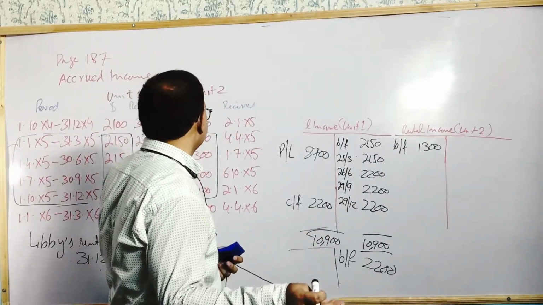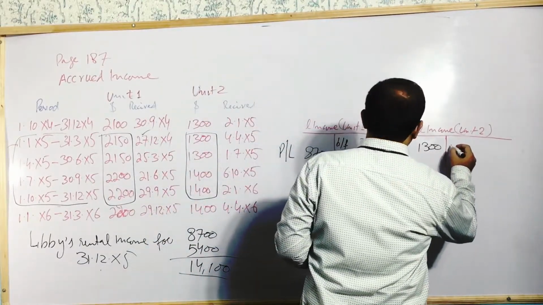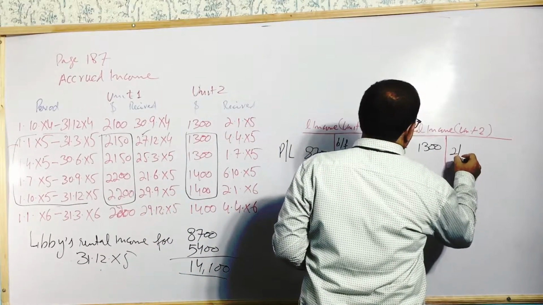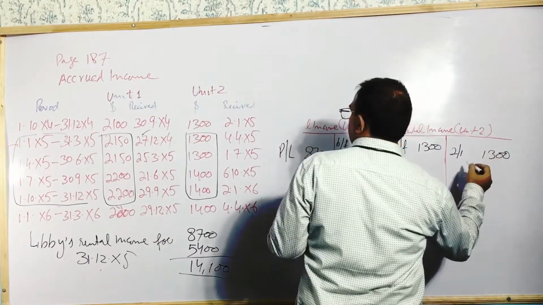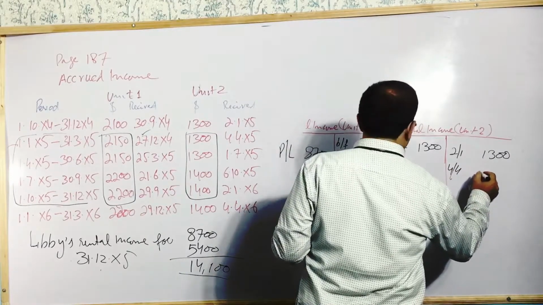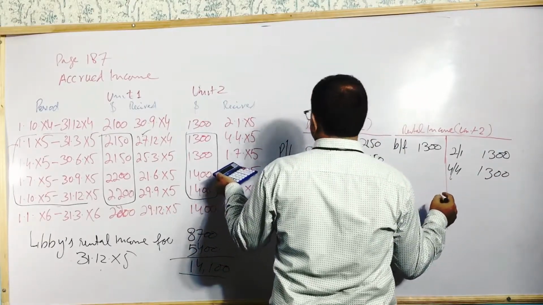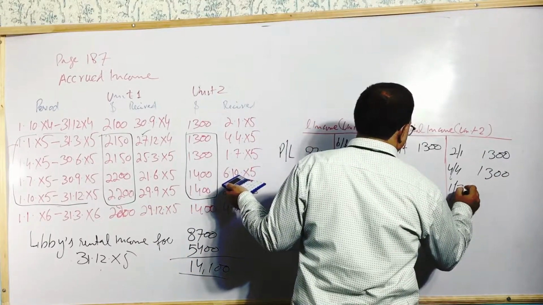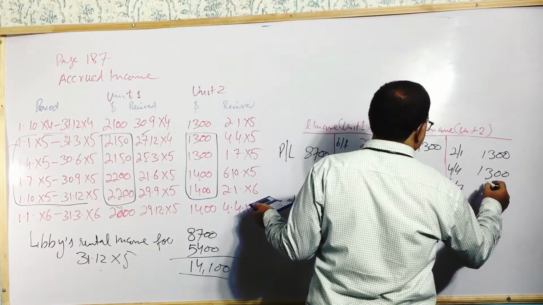Let's post all the payments here. On 2nd Jan, we received 1300. Then on 4th April, we received 1300. Then on 1st July, we received 1300.